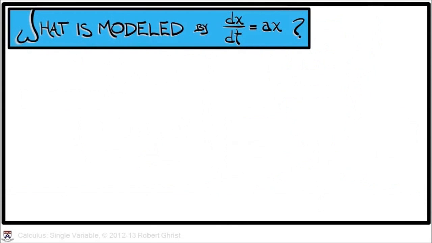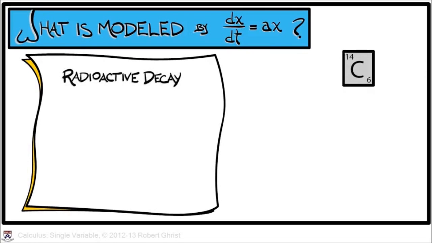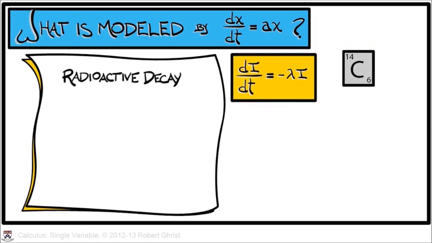Much of the importance of this equation comes from its ubiquity in modeling processes. You may have seen this equation used to model radioactive decay. If you look at, say, the radioactive isotope of carbon, carbon-14, then the amount I of that isotope changes at a rate that is proportional to I, where that constant of proportionality is negative.